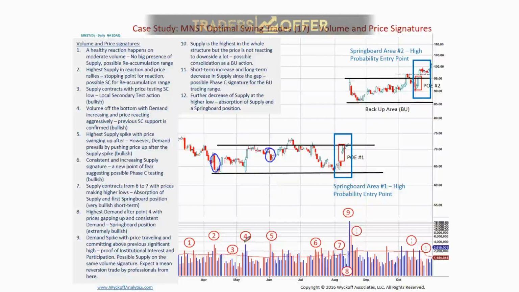And we could compare them. Looking at these two bars right here, I could say by the signature of the effort that the effort is slightly increasing or staying the same, and yet the result is so much less. So just based on this signature, we could expect some kind of bullish move out of here. And obviously, further price confirmation comes later.